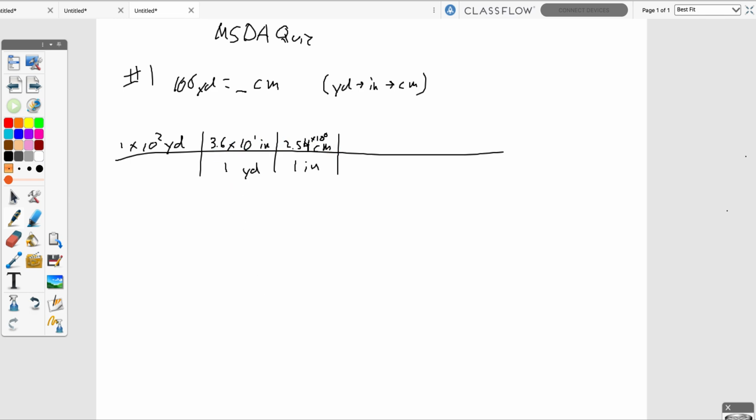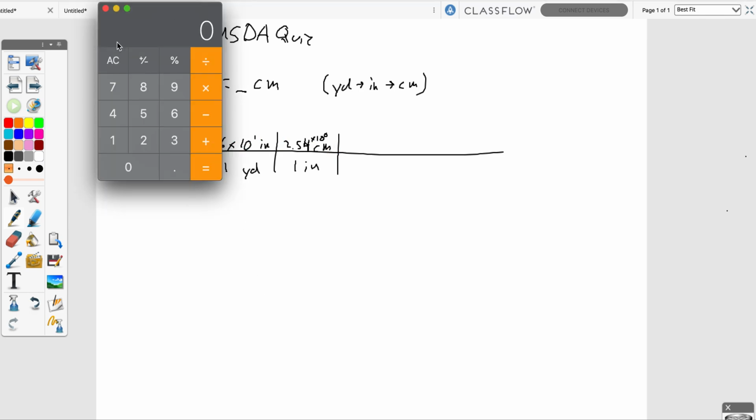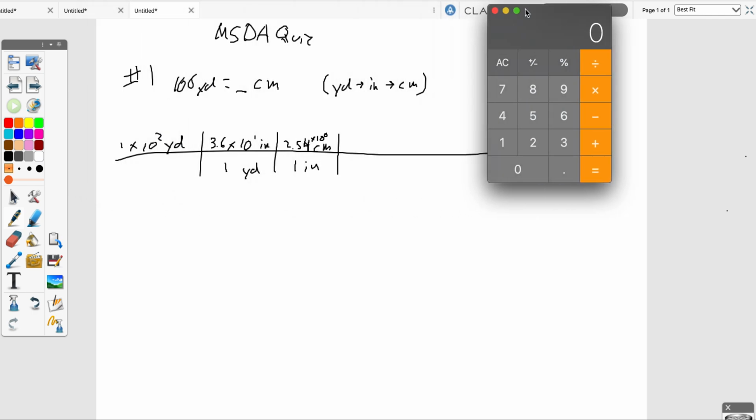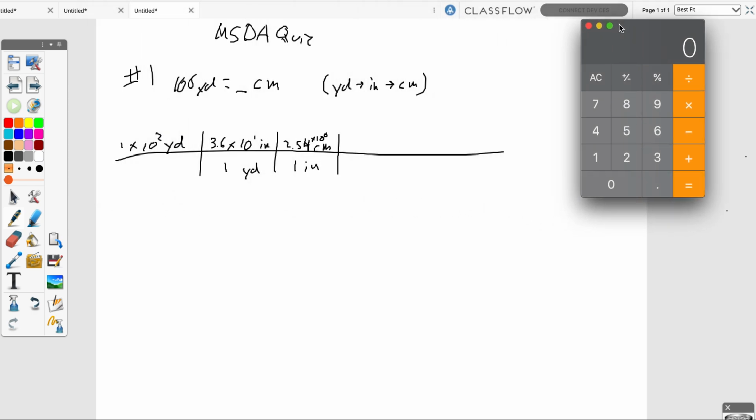So we're just going to bring up our calculator real quick. Clear that out. Maybe move the calculator over here to be helpful later. And we have 3.6 times 2.54, because we don't have to multiply it by 1. That would just be an extra step.